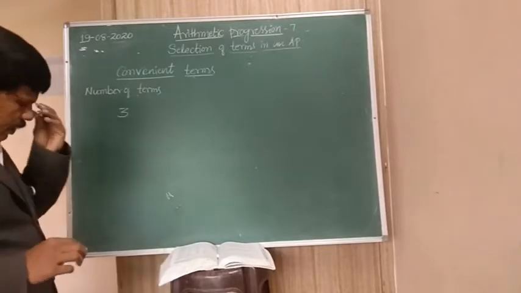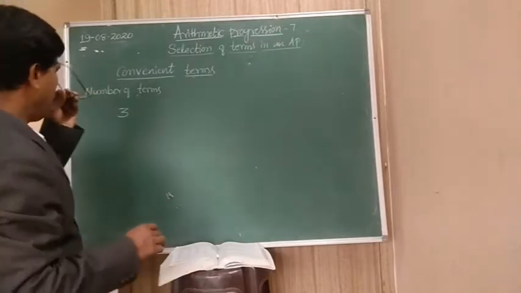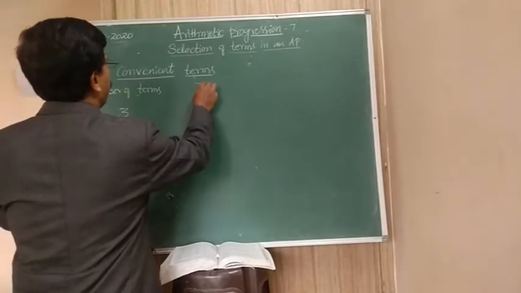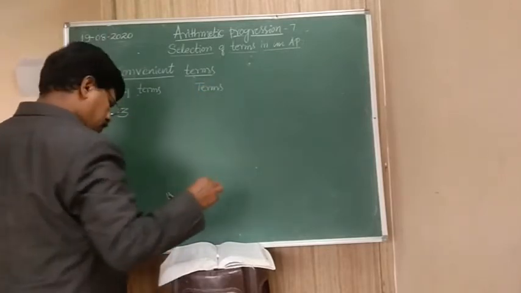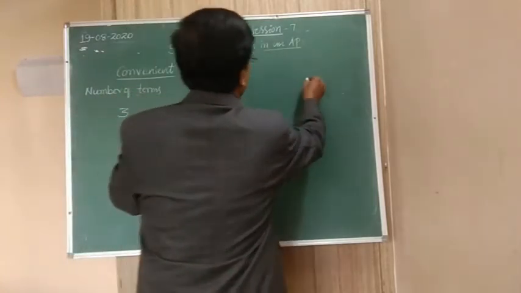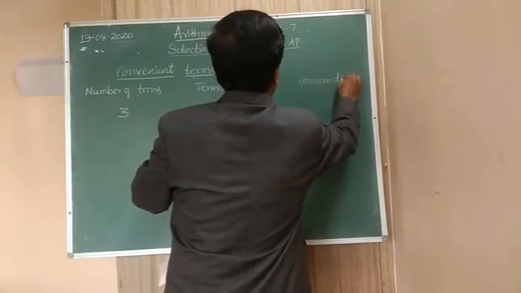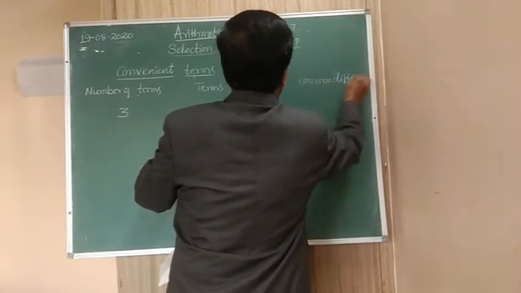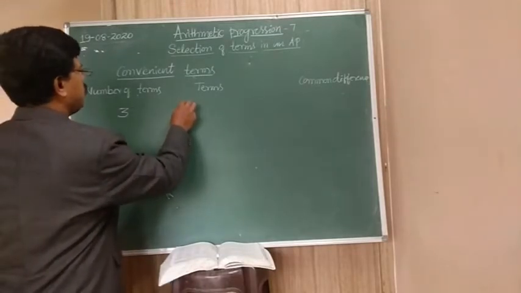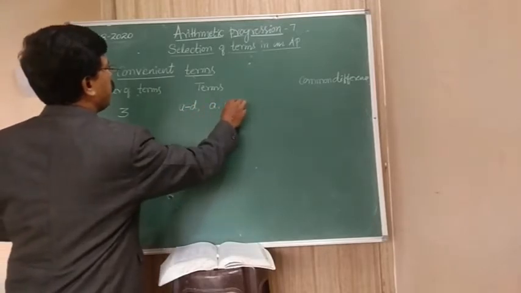Now, if you want to find 3 numbers in AP, how to find them? For terms and common difference, when the number of terms is 3, you should take the terms as a minus d, a and a plus d.